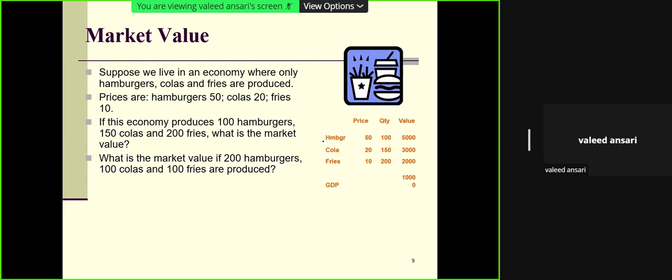Assume that in an economy there are hamburger, roti, paratha. Price multiplied by quantity, and if you multiply, you arrive at a GDP of 1,000. Similarly, that is why it is the market value of all final goods and services.